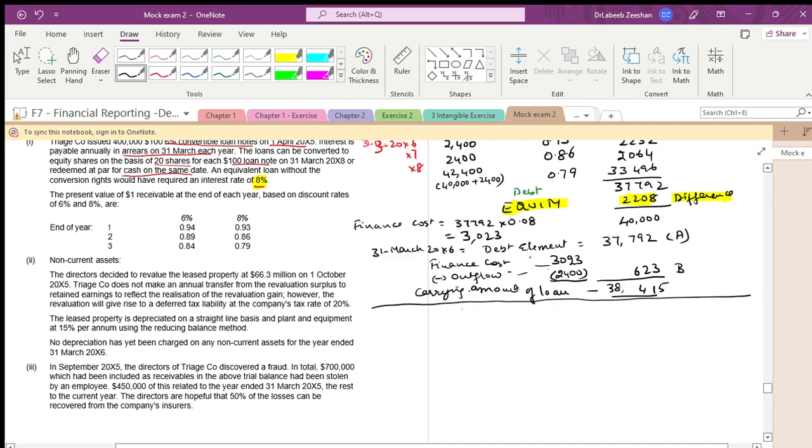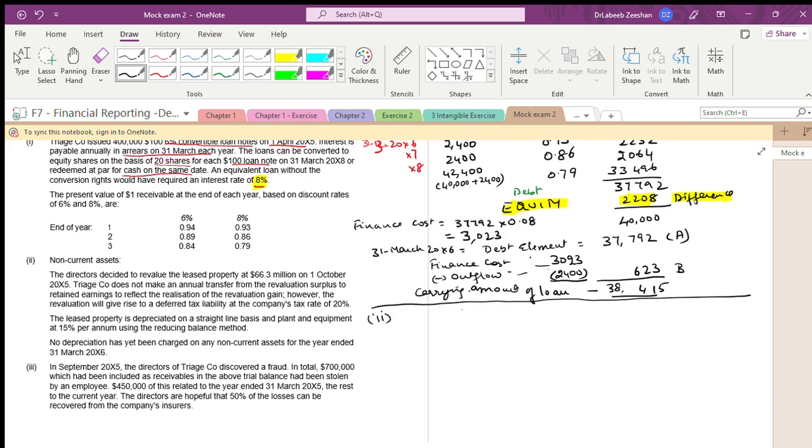Point number 2. What they're saying: the directors decided to revalue the leasehold property at 66.3 million on 1st October. The company does not make an annual transfer from the revaluation surplus to retained earnings to reflect the realization of the revaluation gain.